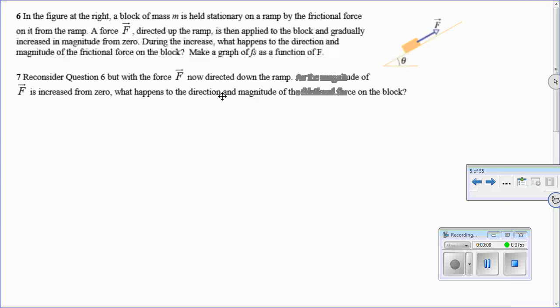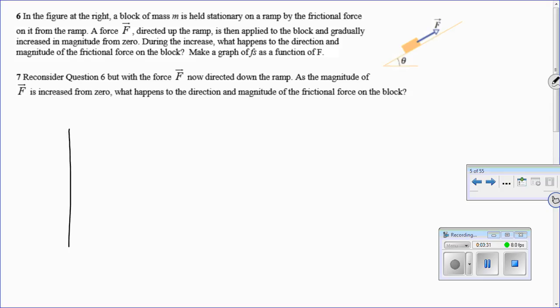Okay, so let's see. It says in the figure, a block of mass m is held stationary on a ramp by a frictional force on it from the ramp. A force F directed up the ramp is then applied to the block and gradually increased in magnitude from 0. During the increase, what happens to the direction and magnitude of the frictional force on the block? Make a graph of the frictional force as a function of F.